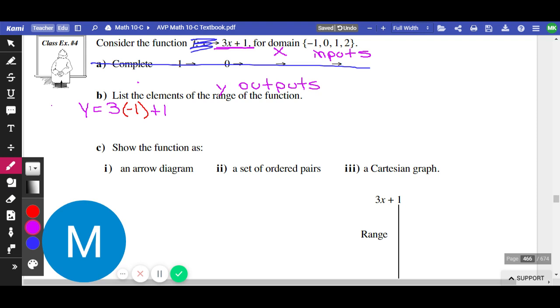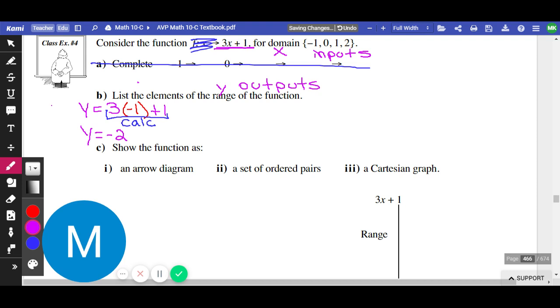Then I just calculate that. Put this in your calculator. When you do, you're going to get an output value of -2. That's the first thing in my range, -2. Then I'm going to keep going. I've done one of my inputs. I have 3 more to go.